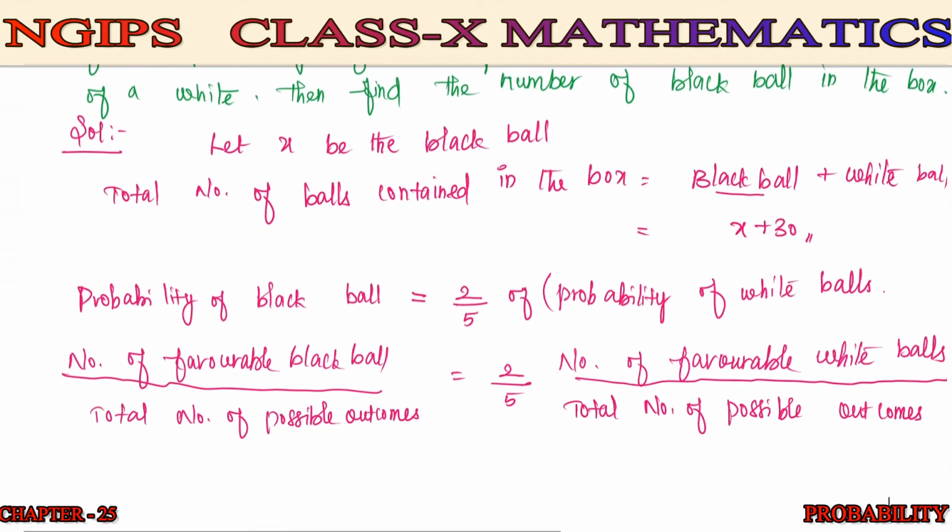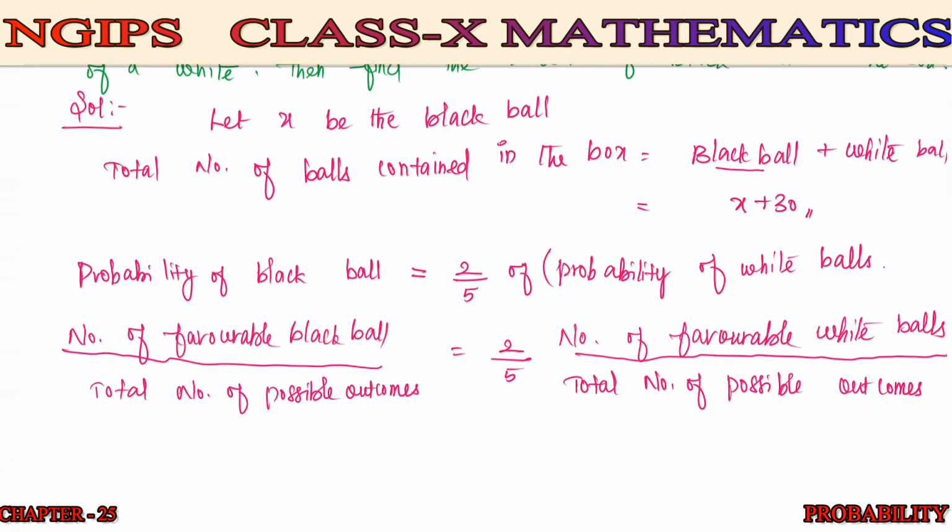Black balls I have taken as x, right? So in the numerator I can write x, divided by the total number of possible outcomes, x plus 30. This is equal to 2/5 of the probability of white balls. White balls they have given as 30, so 30 divided by the same total, x plus 30.